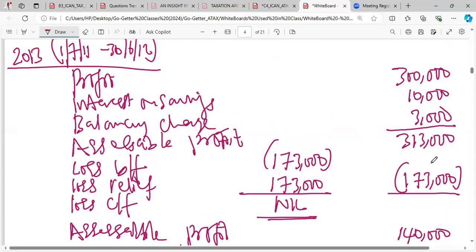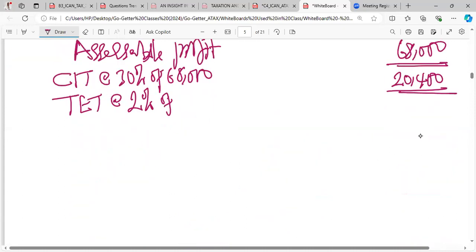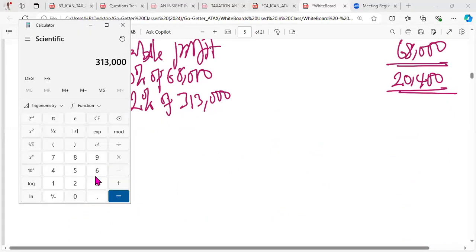So the very first assessable profit is where we are charging our 2% on. 313,000 times 2 divided by 100 gives me 6,260.